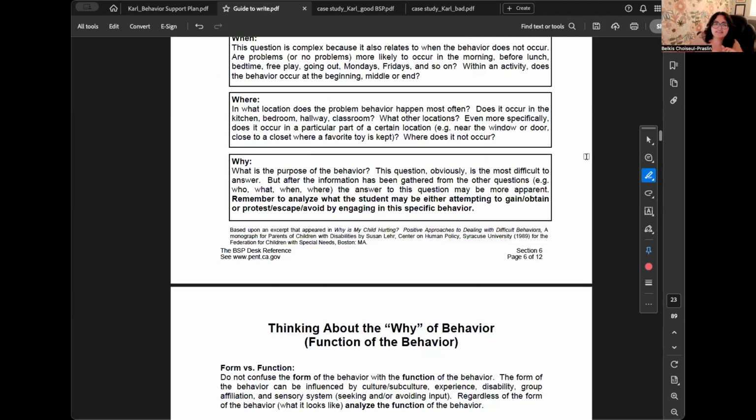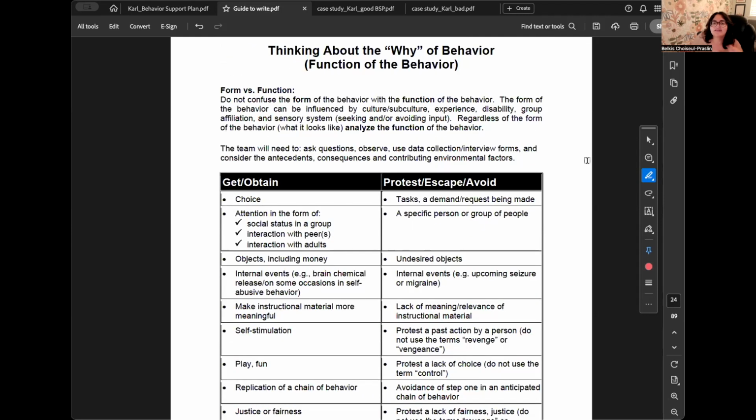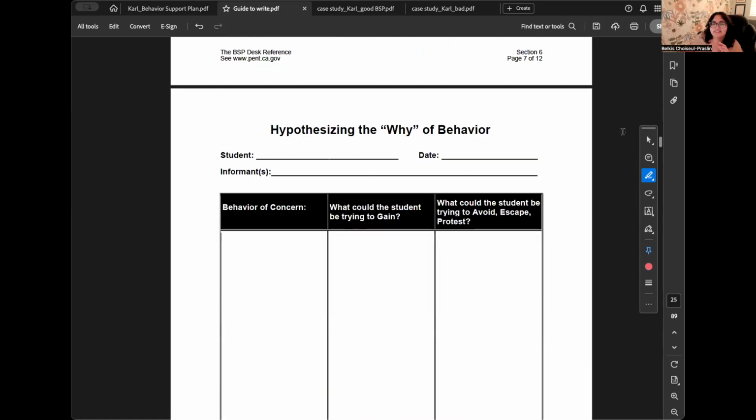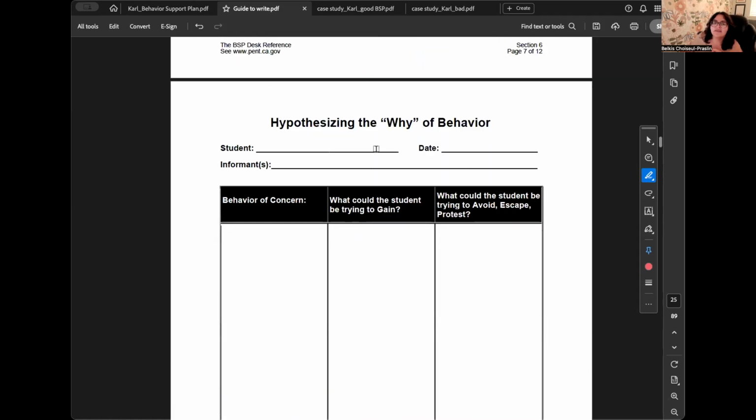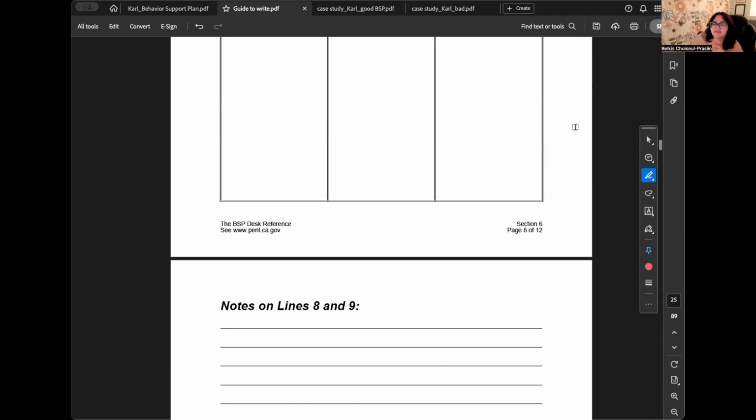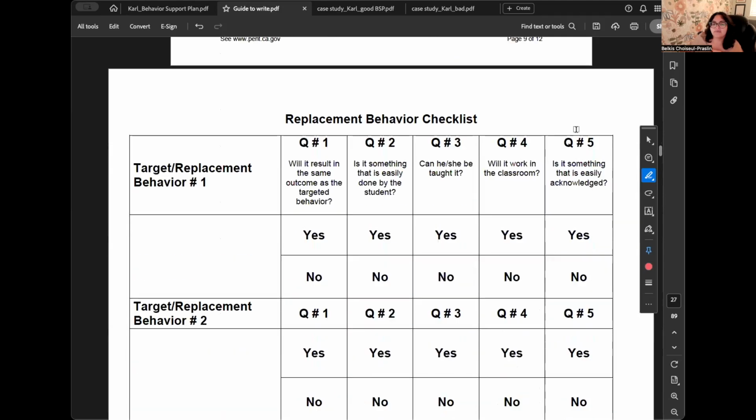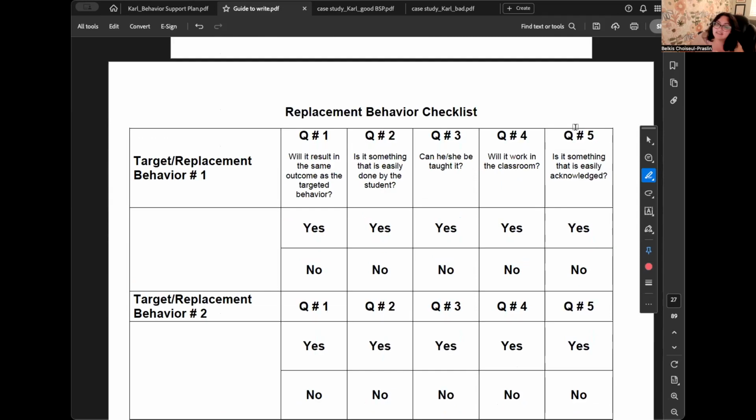There's 2 copies of this in here, not certain why. There is also another resource thinking about the why of the behavior. It's looking more at the function. Great resource to use and share along with hypothesizing the why of the behavior. Just another worksheet to help you and your team go through that process. I like this checklist here. It's pretty simple, but also helpful.